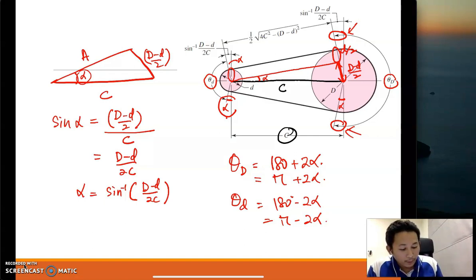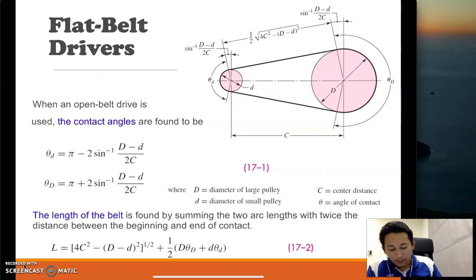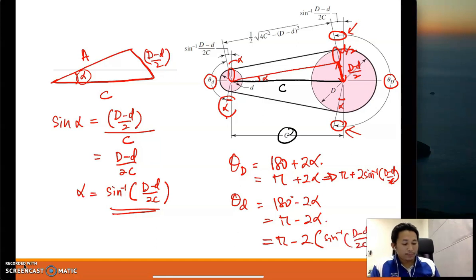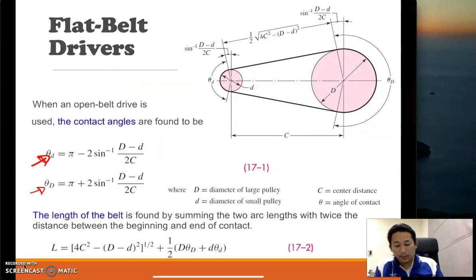Since we know alpha, theta D is equal to pi plus 2 sine inverse of D minus d over 2C, while the other one is pi minus 2 sine inverse of D minus d over 2C. So plus and minus.